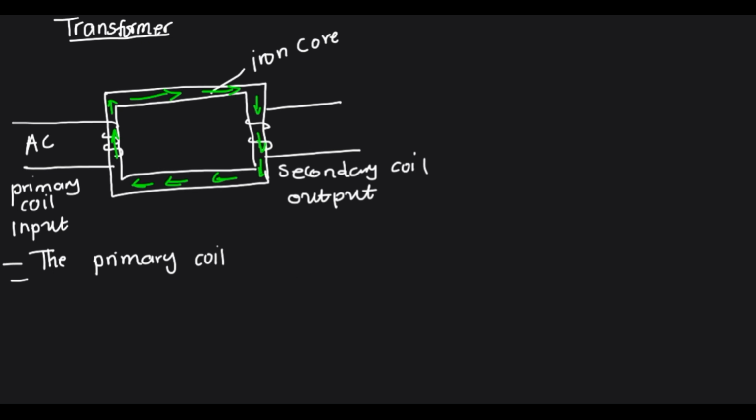Now, away from these ideas, let's look at the two types of transformer. The first one, we'll look at the step-up transformer. A step-up transformer is a transformer that converts low voltage into higher voltage.